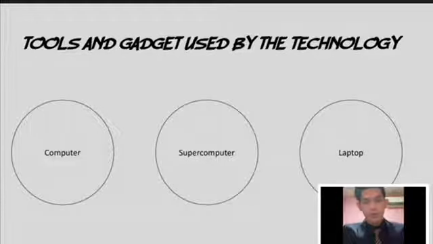For the supercomputer, it has a higher level of performance compared to a normal computer. Supercomputers are important in these modern days because they are used in various fields such as quantum mechanics, weather forecasting, climate research, oil and gas exploration, and molecular modeling.